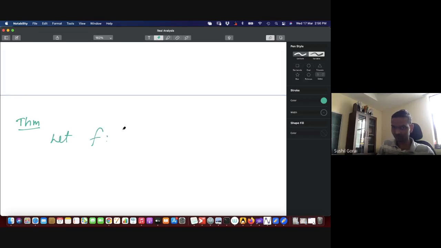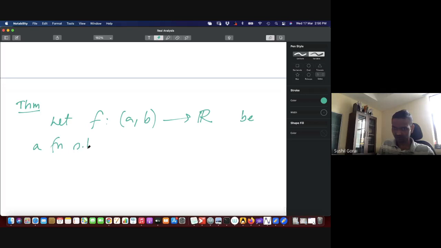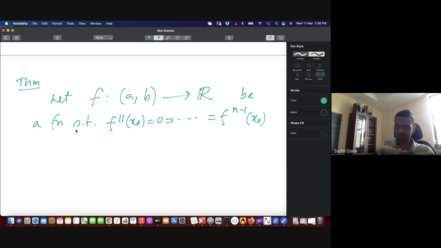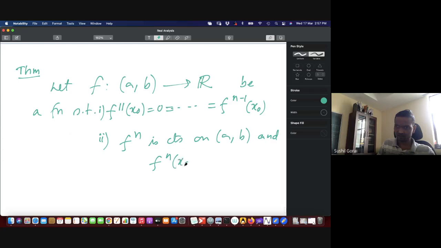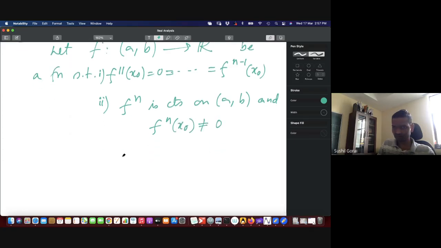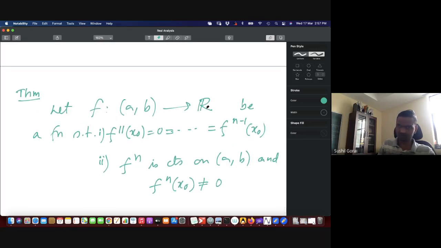Let f from [a, b] to R be a function such that f'' at x naught is 0, and all derivatives up to the (n-1)th derivative are 0, such that the nth derivative is continuous on [a, b] and f^(n)(x naught) is not equal to 0 for some x naught.